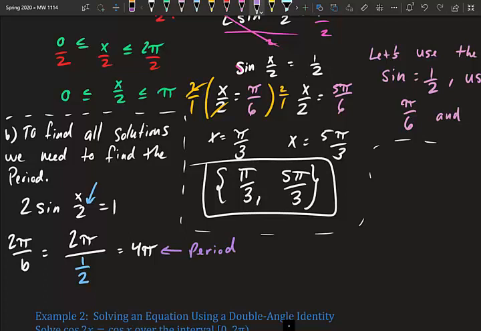And remember, if we want to find all solutions, we're going to add 4 pi n to the values we already have, because every time it makes a full cycle, it starts to repeat itself, which is at 4 pi.